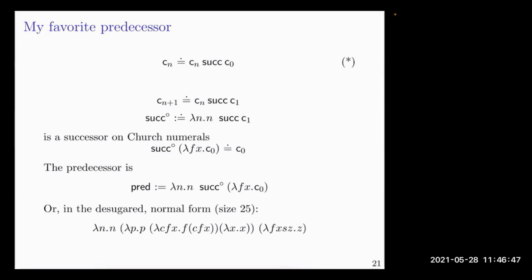It's not clear how it works. But here it takes only 4 lines to derive the predecessor. So here's the whole derivation. And hopefully each of those lines is patently obvious. There is nothing to prove. So here's the easiest to explain derivation of the predecessor.